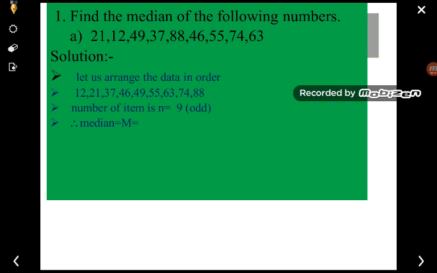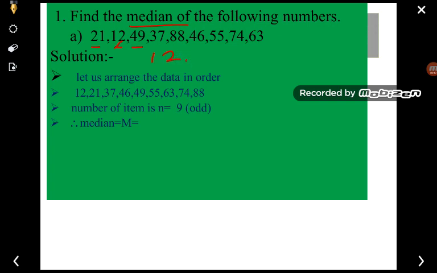So next, coming to the example, you are asked to find the median of the following numbers: 21, 12, 49. These are the different values given to you. You have to first arrange the data in ascending or descending order. Which one is the smallest? 12 is the smallest, so it should come first.